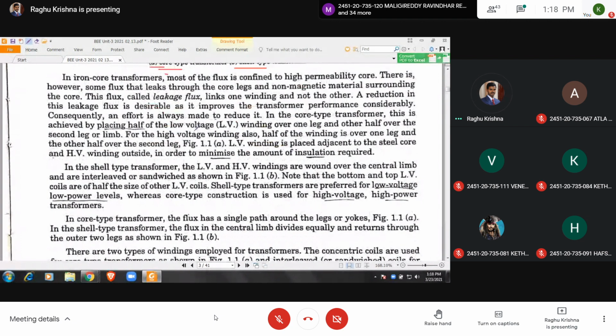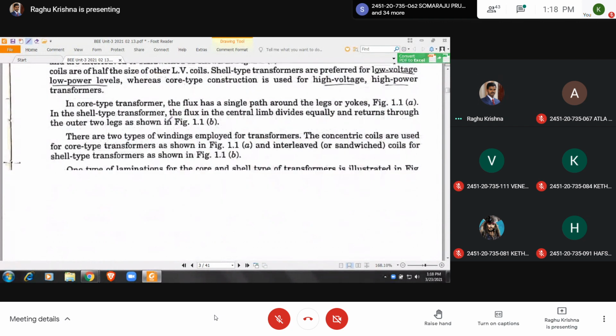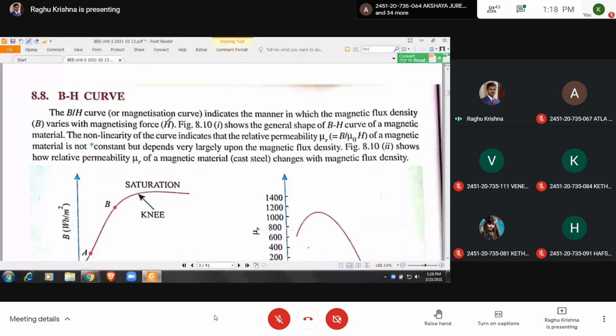Next, all these points are discussed here: leakage flux. So next, the BH curve.